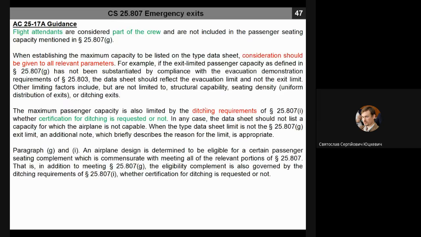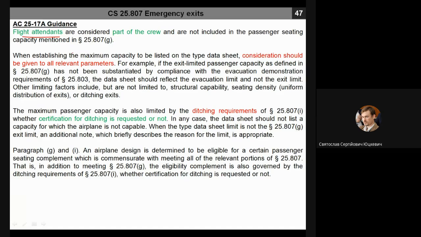So, when we talk about the number of passengers on board, how will we calculate them? Flight attendants that are present in the cabin will not be part of the total passengers on board. So the flight attendant seats will not be taken into account. Only passengers; we will calculate them separately.